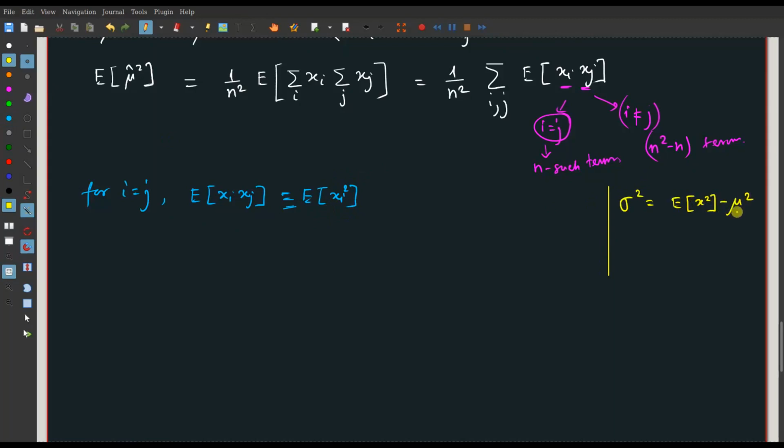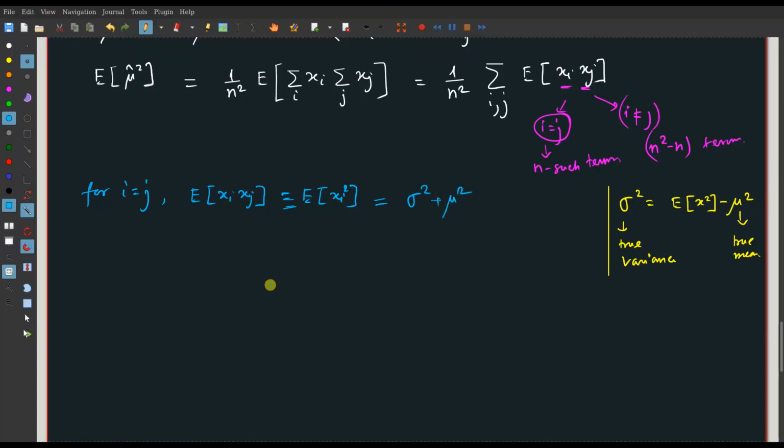This mu is the true mean and this sigma is the true variance, because this is coming from fx itself. Since these xi's are sampled from fx, the expectation value of x square is sigma square plus mu square.